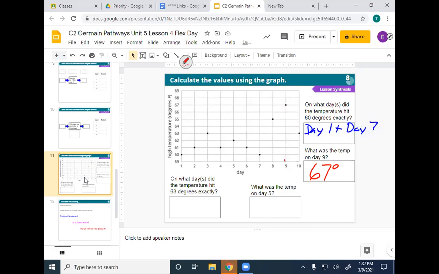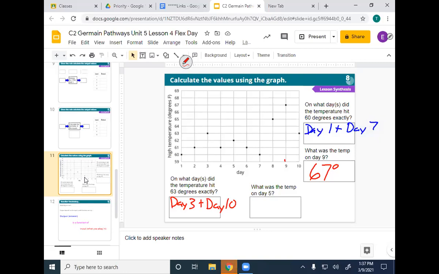Next question, last 2 questions before we go down. On what day or days did the temperature hit 63 degrees exactly? Tiana, help me out. Day 3 and day 10. Okay. Who agrees with this? Tell me, how did we get day 3 and day 10?